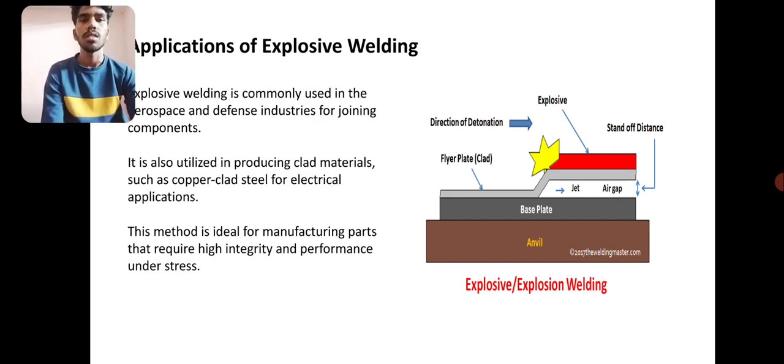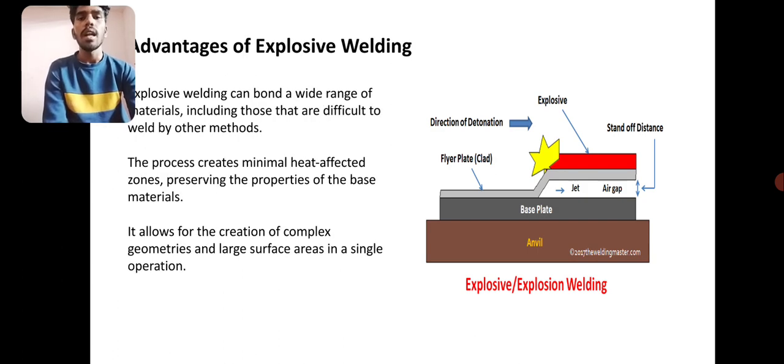For applications, we can utilize it in the production of clad materials, such as copper clad for electrical applications. This method is ideal for manufacturing parts that require high integrity and performance under stress. Advantages of explosive welding: the process creates minimal heat affected zones, preserving the properties of the base metal. So in this welding process the properties of the metal are unchanged.